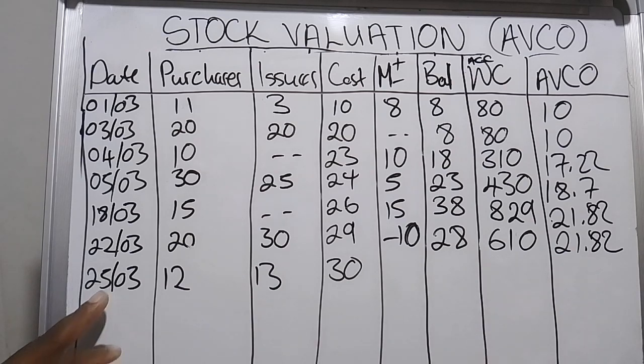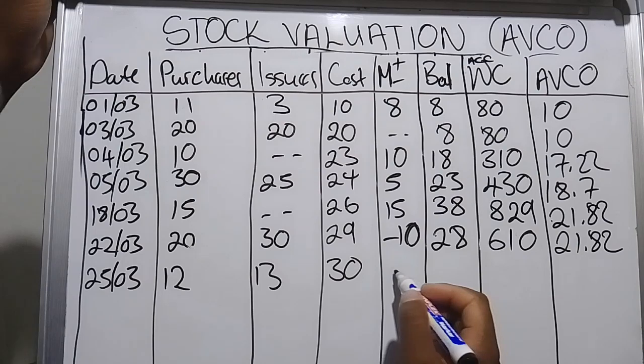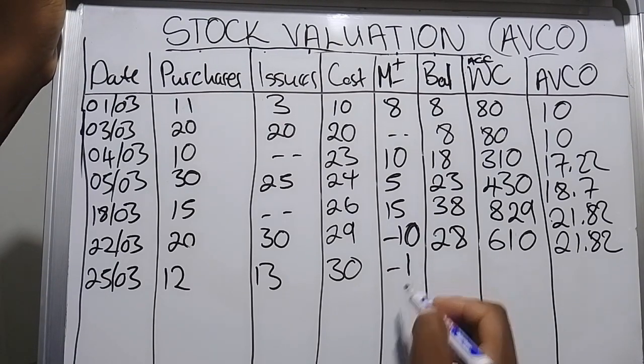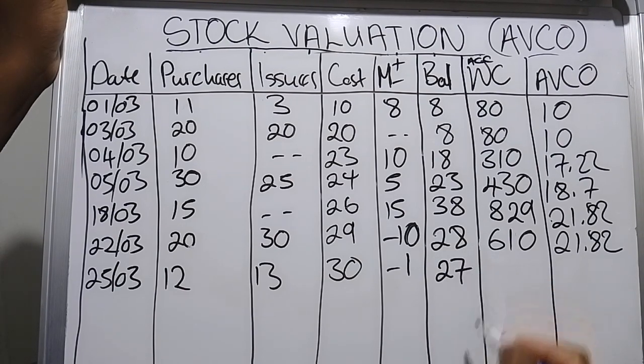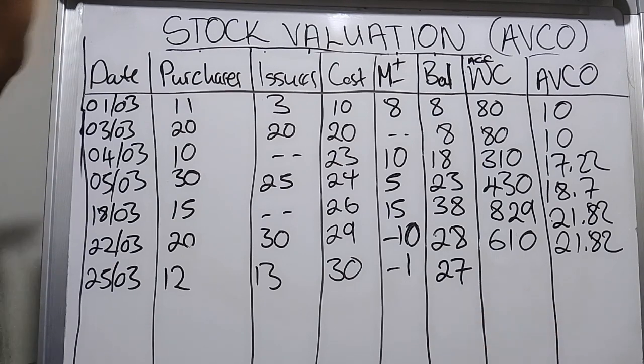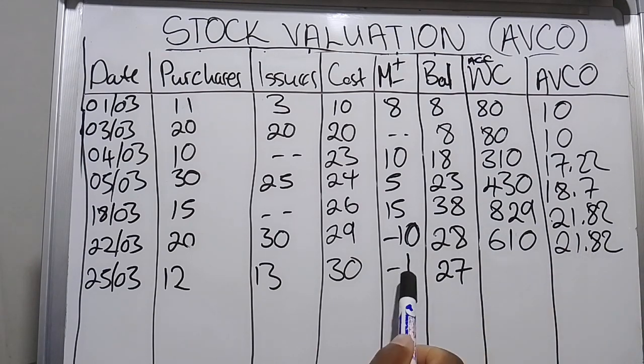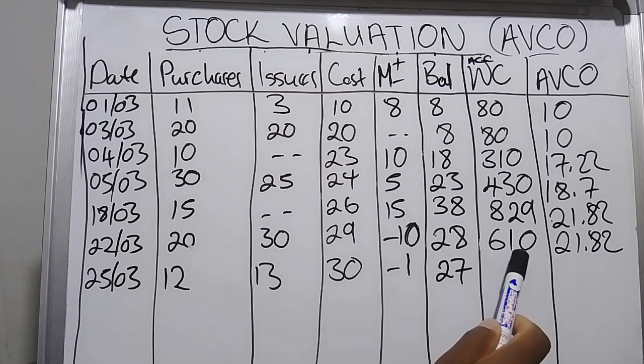Okay, then we move to the next date. It was on the 25th. We sold 13 items when we received 12 items. It means there was also a negative movement, and the balance for items will be 27. 28 minus 1, which is 27. Also, that one item, we are going to deduct it from our weighted cost. So the average cost times one item, then we deduct the figure from here.